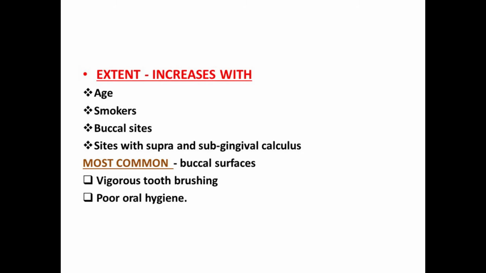If they are a smoker, it increases, especially on the buccal sides rather than the lingual sides, and in areas with subgingival and supragingival calculus. It most commonly affects the buccal surface due to rigorous toothbrushing and poor oral hygiene.